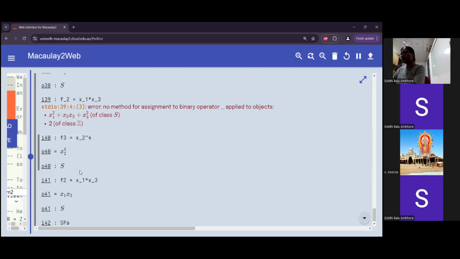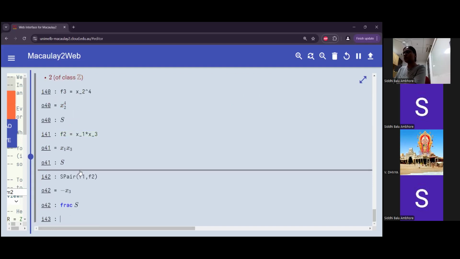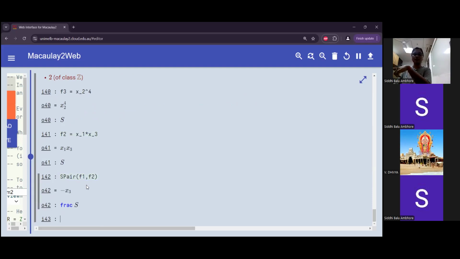So now the S pair of F1 comma F2 is minus x3. Okay, we will keep this in mind.